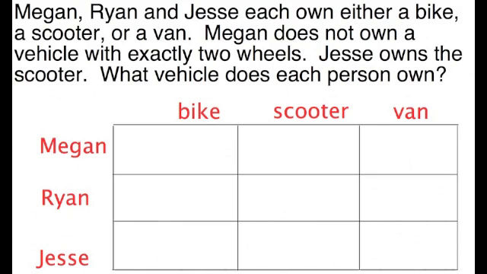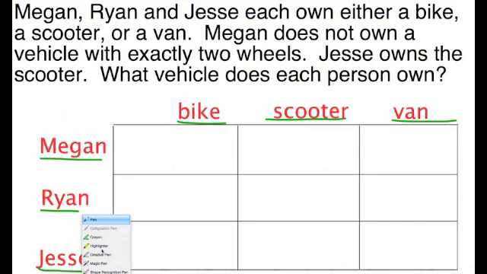So I've set up my chart. I've got 3 different people, Megan, Ryan, and Jesse. And I know that they own either a bike, a scooter, or a van. Now I'm going to go back to my information and pick out sort of what do I know and what do I don't know. Well, I know that Megan does not own a vehicle with exactly 2 wheels.